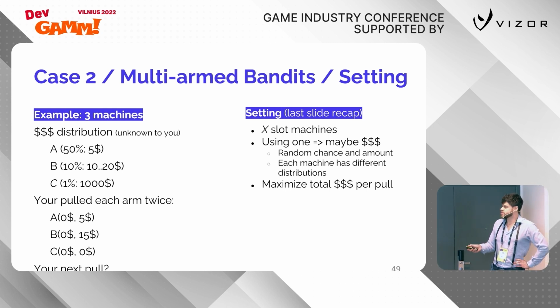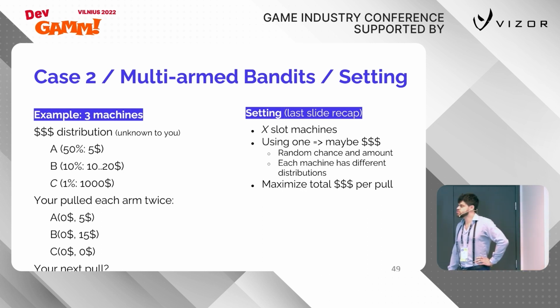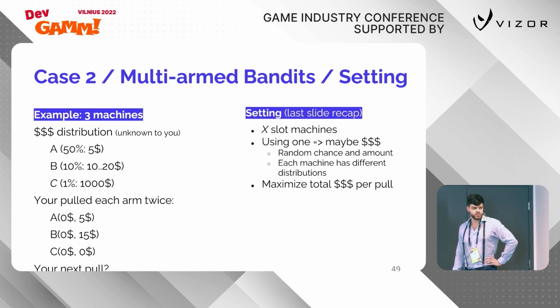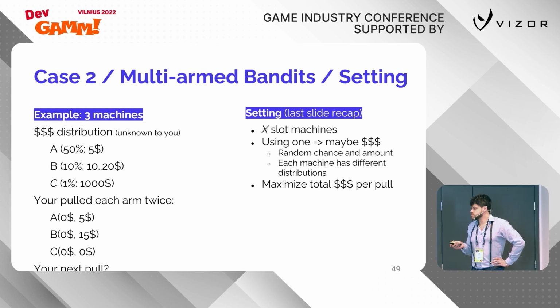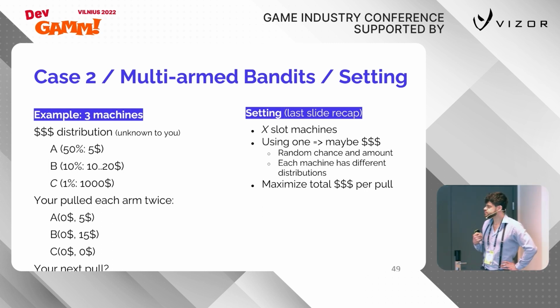For example, you have 3 machines. The first one gives you $5 half of the time. The second one gives you from 10 to 20, 10% of the time. But the last one gives you $1,000, but with a 1% chance. Let's imagine that you pulled each arm twice, and you've got these outcomes.